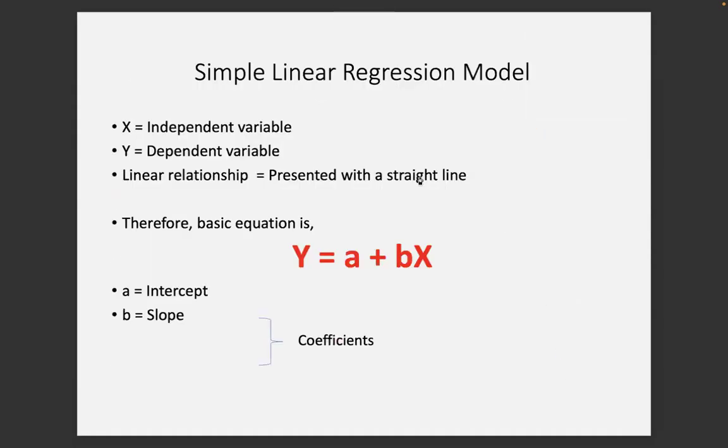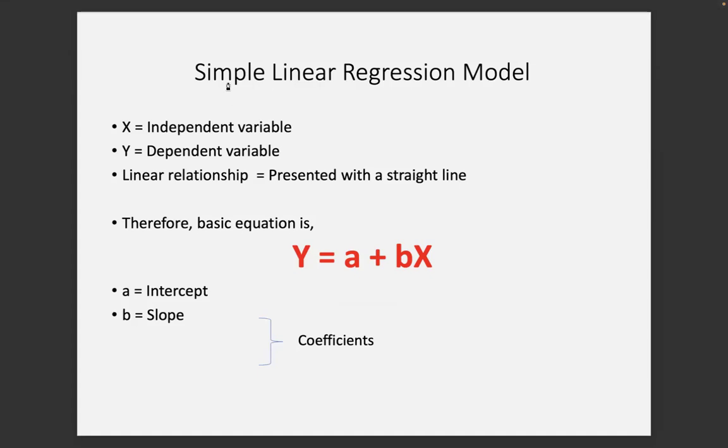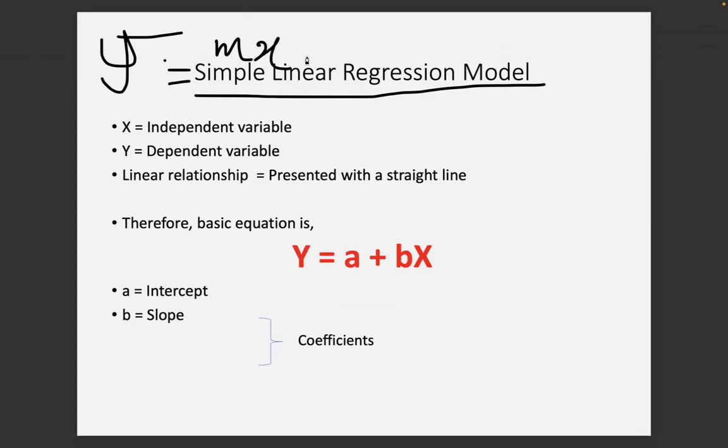So now we are moving to the regression models. First one is the simple linear regression model. Anyway, you have done all levels as well, no? Can you remember, if it's a line, the equation of the line goes as y equals mx plus c.